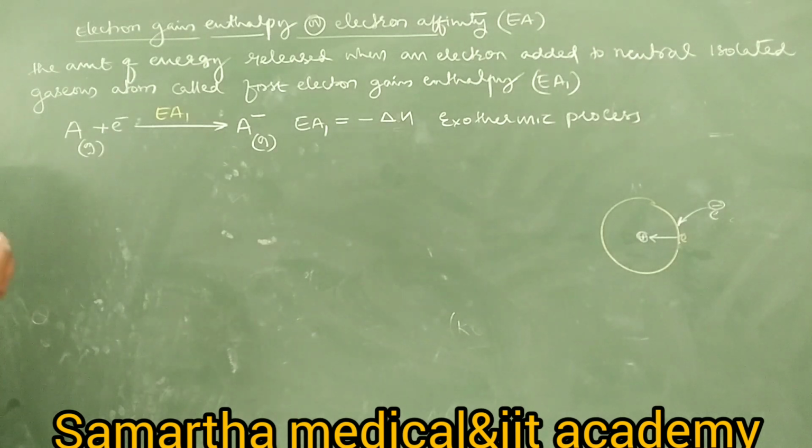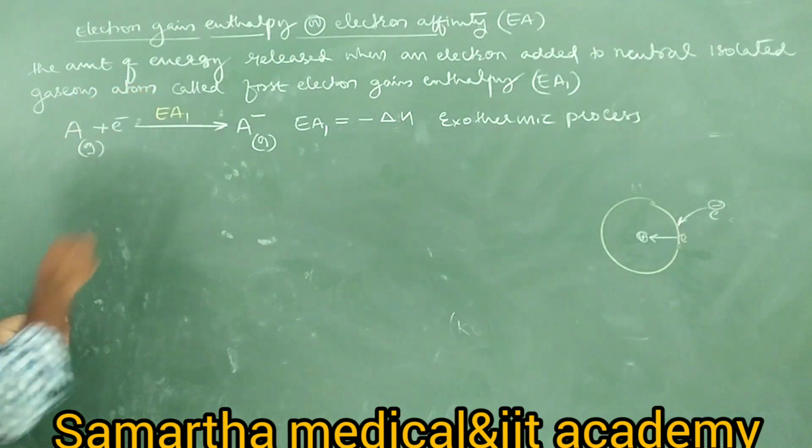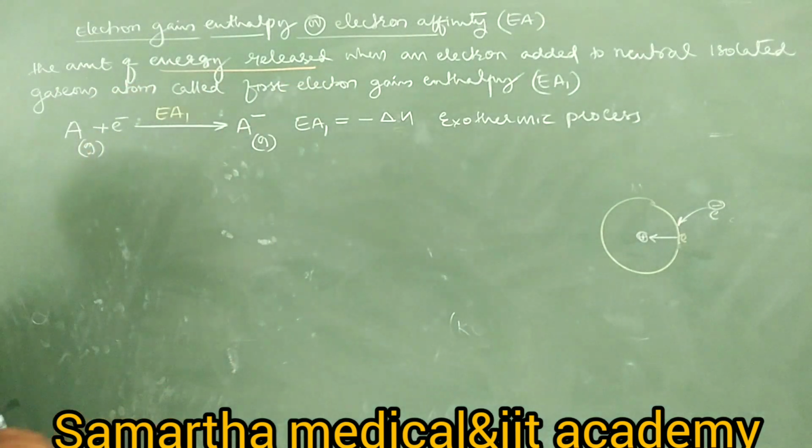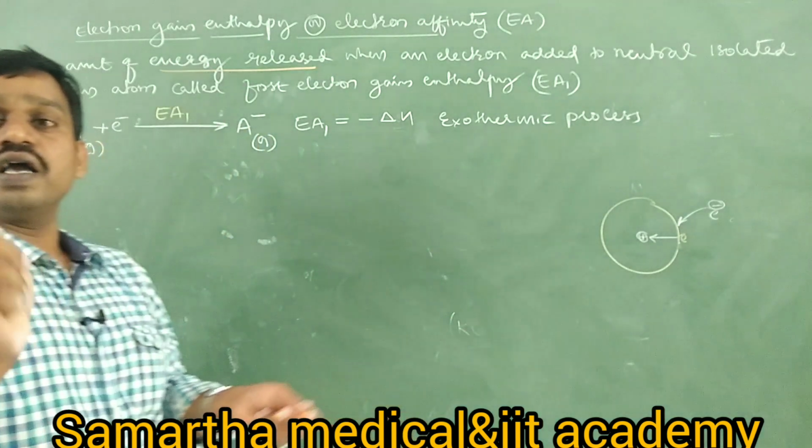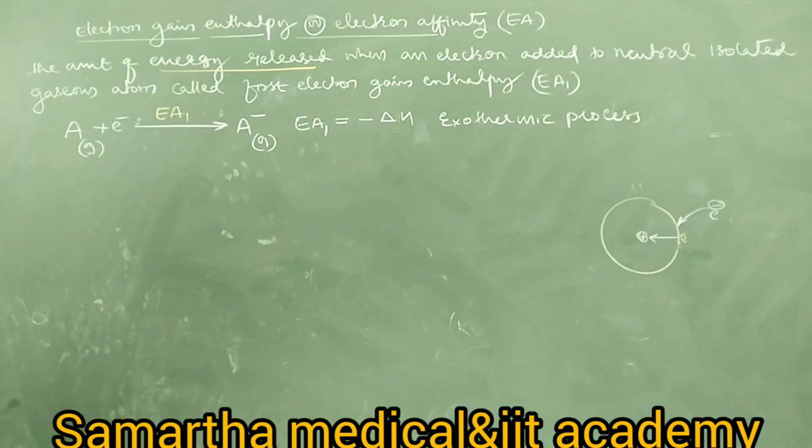Next, similarly, what is electron affinity 2, or second electron affinity? The second electron is also the same, no? But the thing is, the amount of energy here is released? No. In second electron gain enthalpy, energy is not released, it is absorbed. The amount of energy is absorbed when an electron is added to a uni-negative isolated ion, so it's called second electron gain enthalpy.